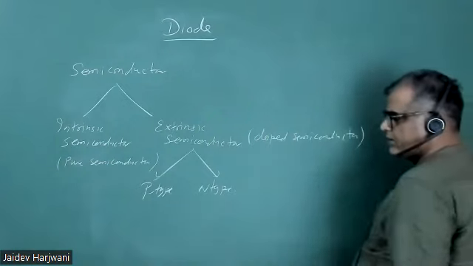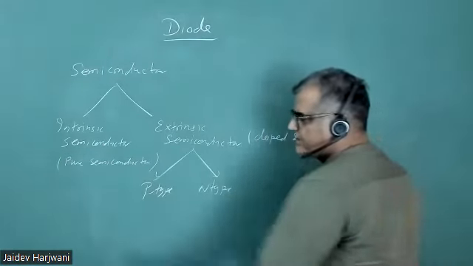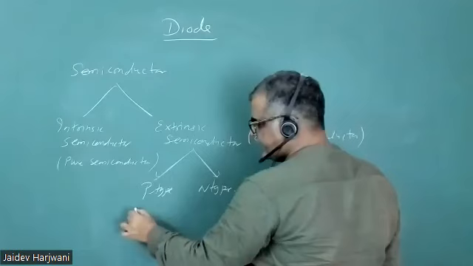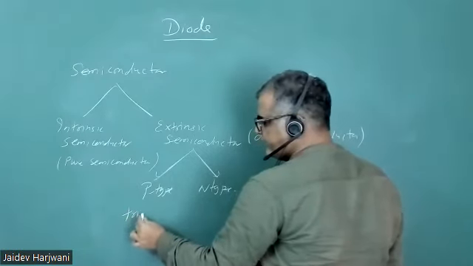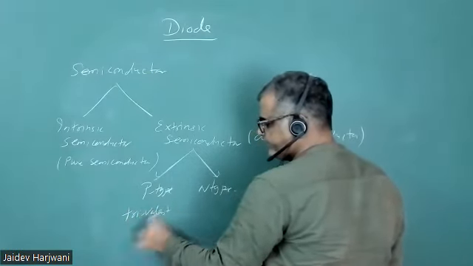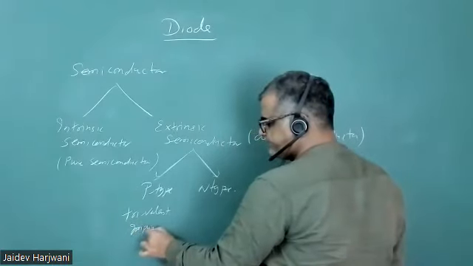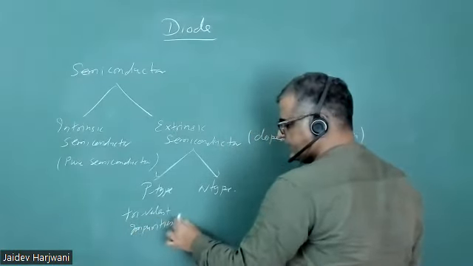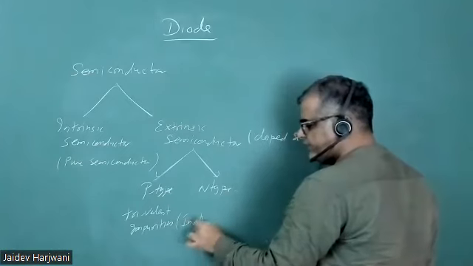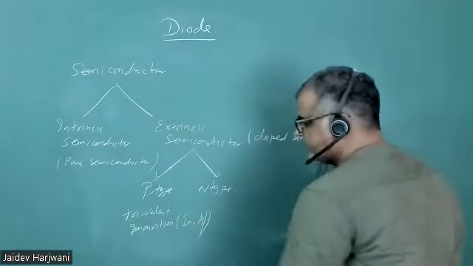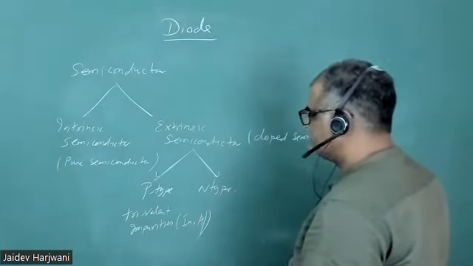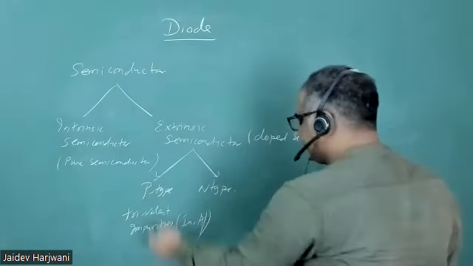When intrinsic semiconductors are doped with trivalent impurities, like indium, aluminum, third group elements, then those materials are called p-type material.